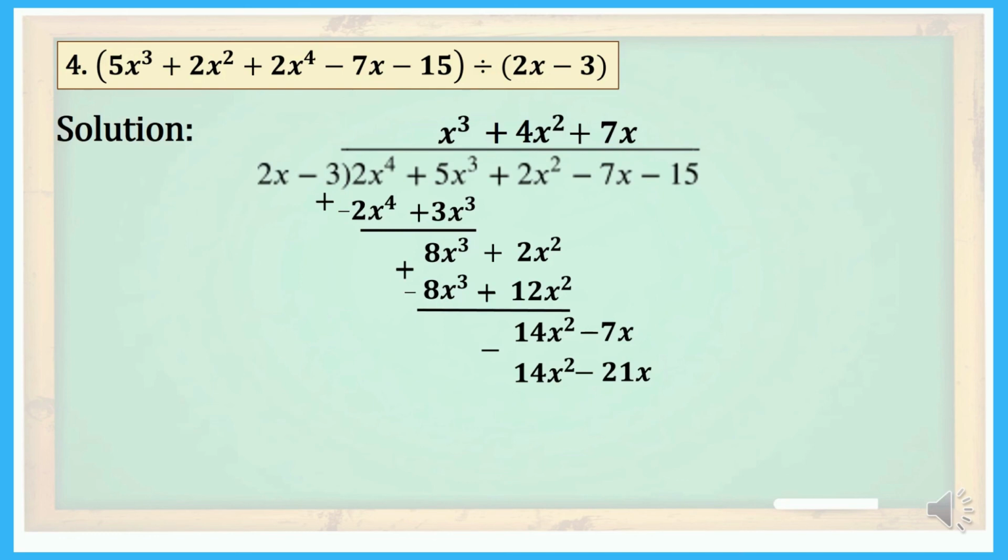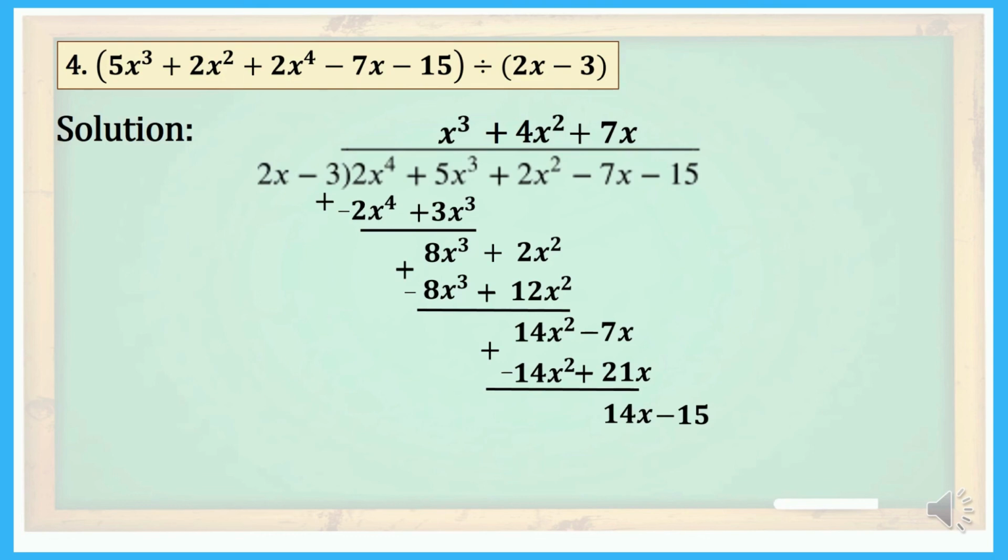Then subtract, change the sign of the subtrahend: positive 14x squared will become negative 14x squared, and negative 21x will become positive 21x. Proceed to addition. 14x squared plus negative 14x squared is 0. Negative 7x plus positive 21x is 14x. Bring down negative 15.